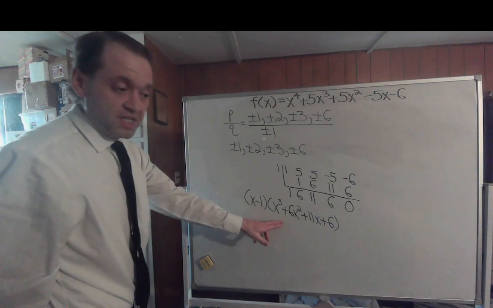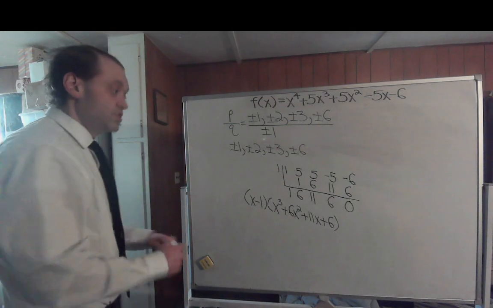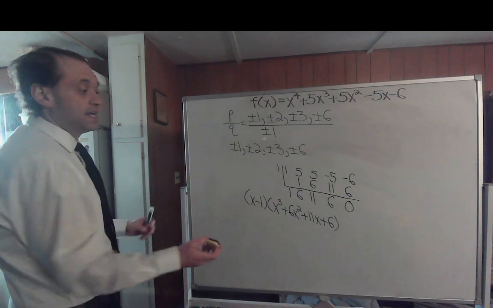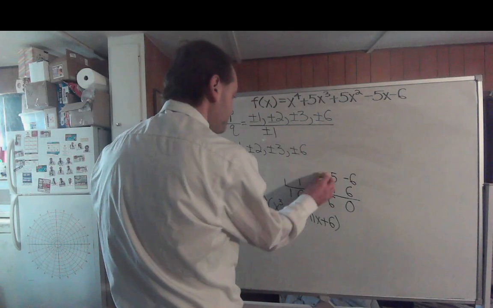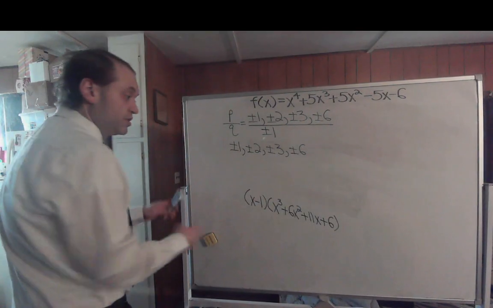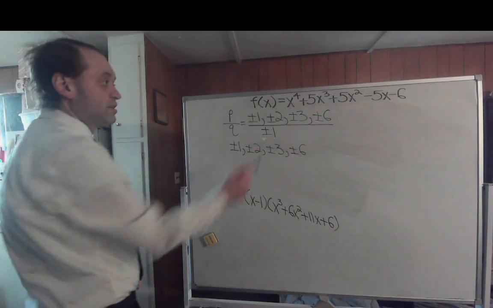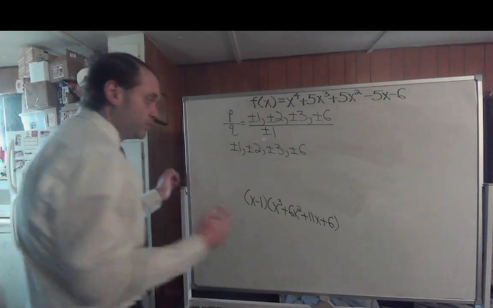But the bad news is our cubic factor, it won't factor at all. So we're going to have to do the whole rational zeros thing yet again for the cubic. But the good news is, look at your coefficients on the cubic. They're the same, so you can literally keep them as the same as before.